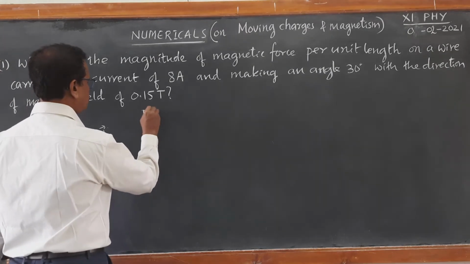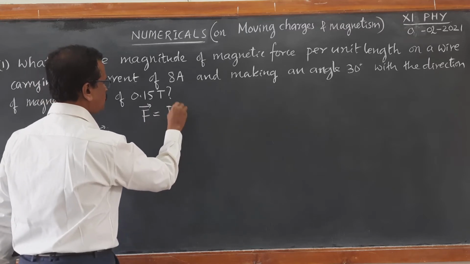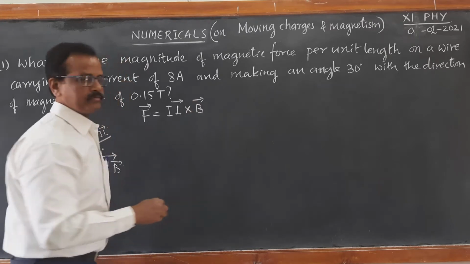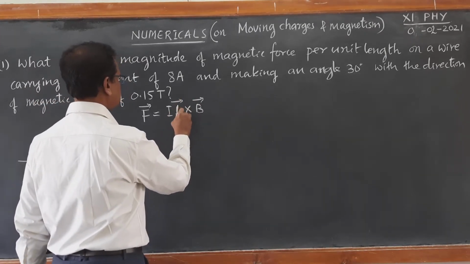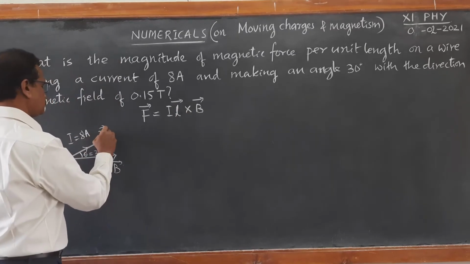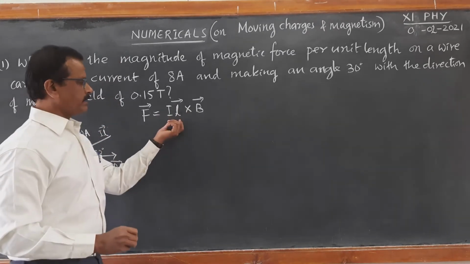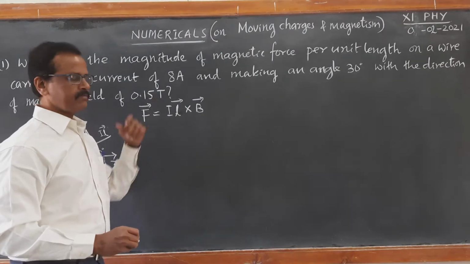We have F vector is equal to IL cross B. Here we have taken small l, L for length of the conductor. So IL is for current element, and B is the magnetic field.